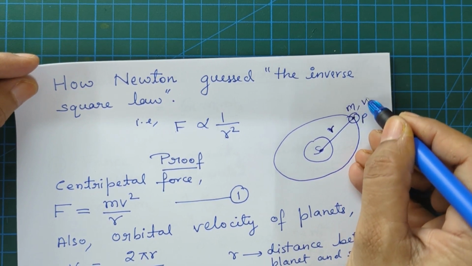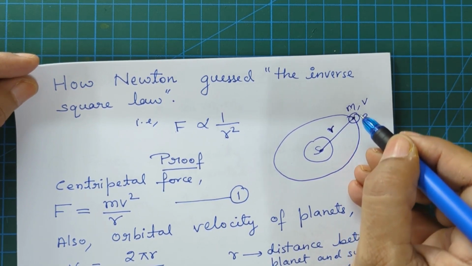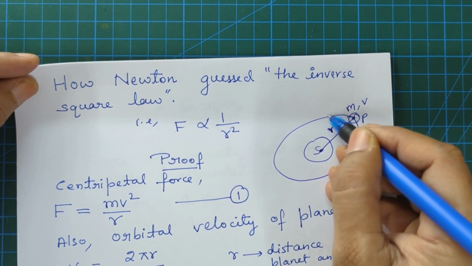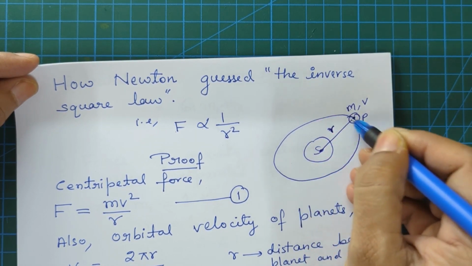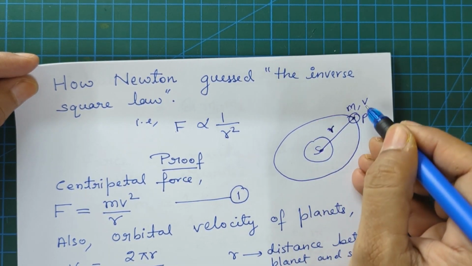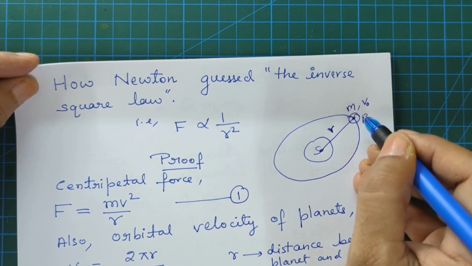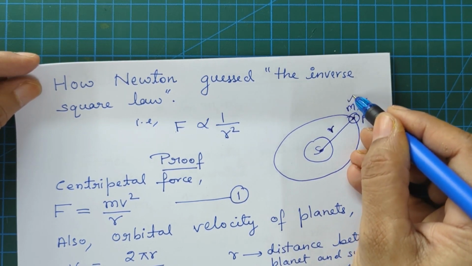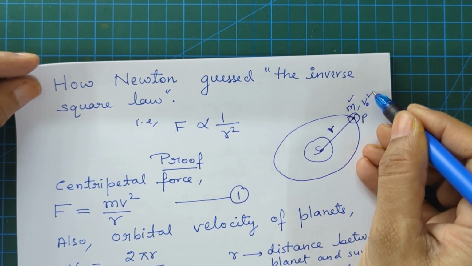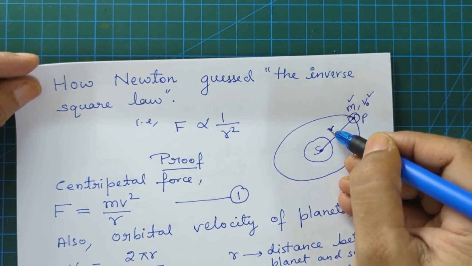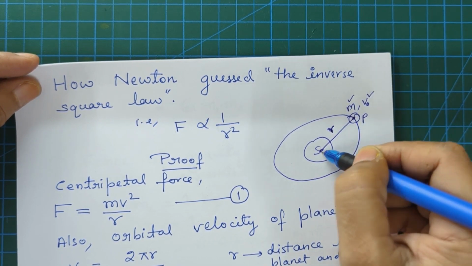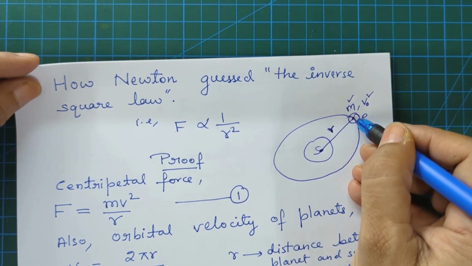And v is the orbital velocity of the planet. That means the velocity with which this planet is revolving around the sun is called the orbital velocity of the planet. So m is the mass of the planet, v is the orbital velocity of the planet, and r is the distance between the center of the sun and the center of the planet.